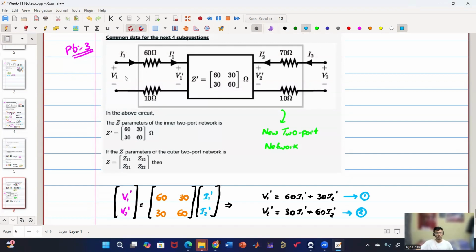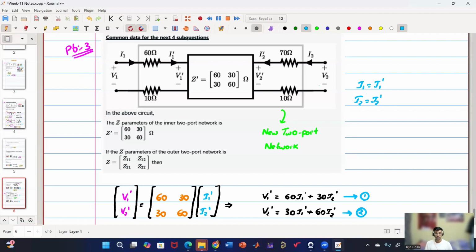Now I want V1 and V2 in terms of I1 as well as I2. I1 is equal to I1 dash, sir, and I2 is equal to I2 dash. Good. Similarly, V1 is equal to 60 I1 minus V1 dash.